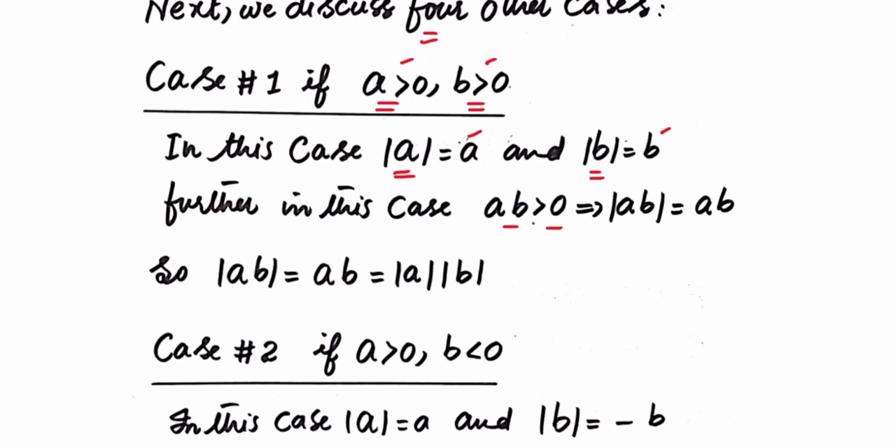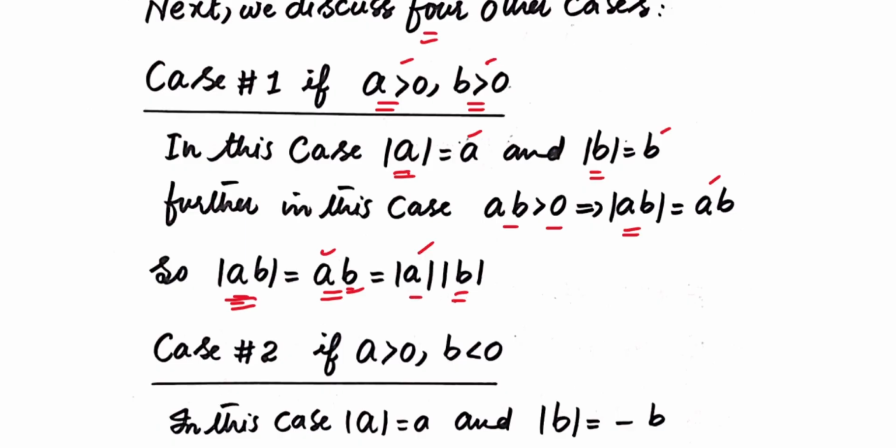It means the absolute value of product AB is also equal to positive AB. So we can write absolute value of AB, which is equal to A into B, as A is equal to A absolute and B is equal to B absolute. So this shows AB absolute is equal to absolute of A into absolute of B.